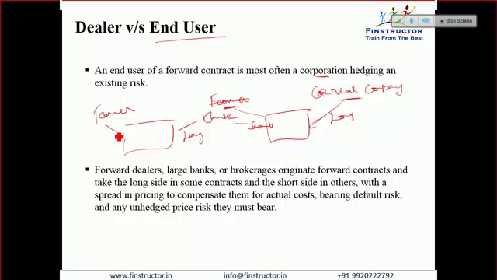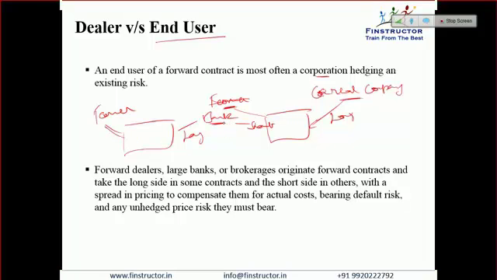So the bank is charging or making a commission or making a profit by longing from the farmer, or rather by shorting to the cereal company and longing from the farmer.